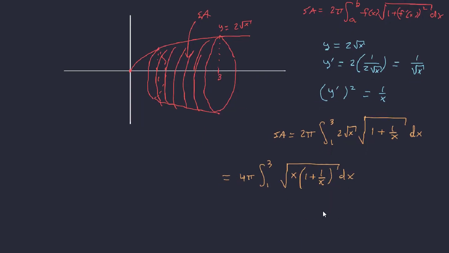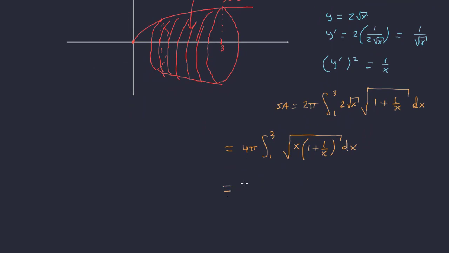All right, then distribute that x. And now I have 4 pi times the integral from 1 to 3 of, it'll be x plus 1 when we distribute the x. Okay?